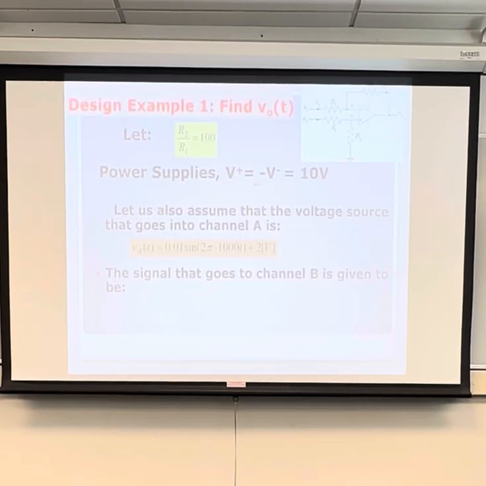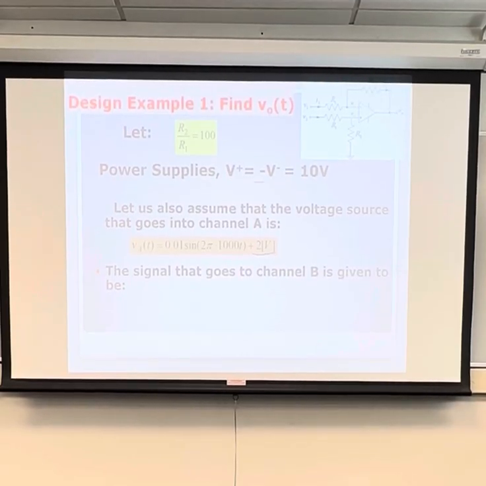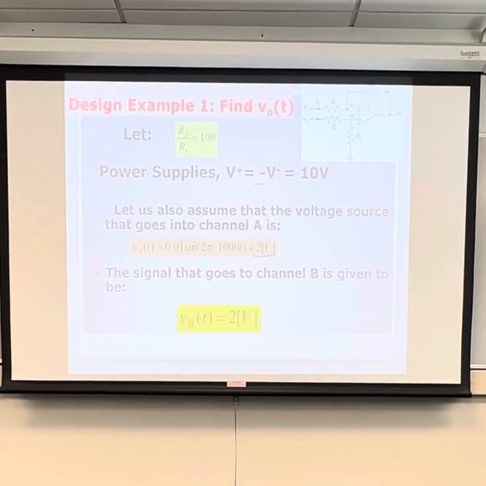We have 10 volt power supplies, and let's assume the channel A voltage is 0.01 sine of 2 pi 1000 t. And then it also has a DC offset of 2 volts on it. And let's assume the signal going into channel B, which is V sub B, is 2 volts.